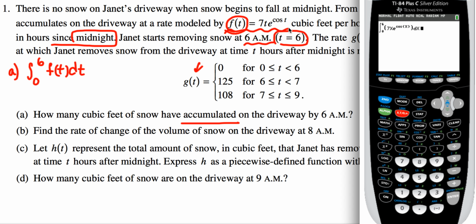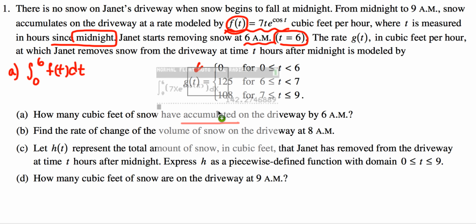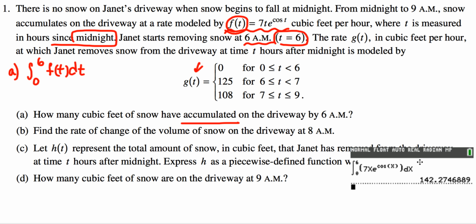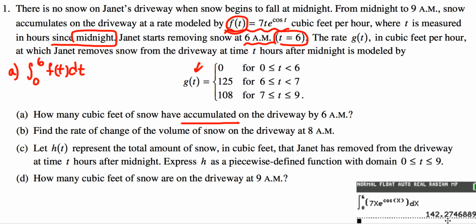Instead of t, we have x, press enter, and that becomes our answer. So using that, I'm just going to put it on the side. I guess our answer is 142.3. And then unit will be how many cubic feet? So cubic feet. That would have been our answer.